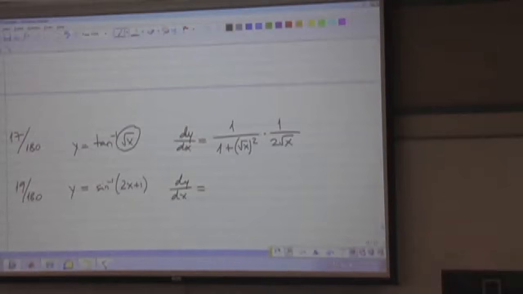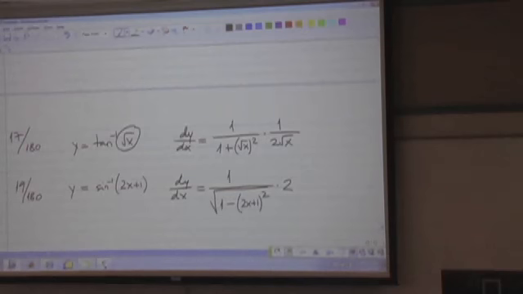Last one is rule, first one is chain. 1 over the square root of 1 minus the quantity 2x plus 1 squared times 2. Make sense? Simplify that? I mean, we can boil it, but if you expand it, I guess the ones will cancel, but it doesn't necessarily help out. Okay.